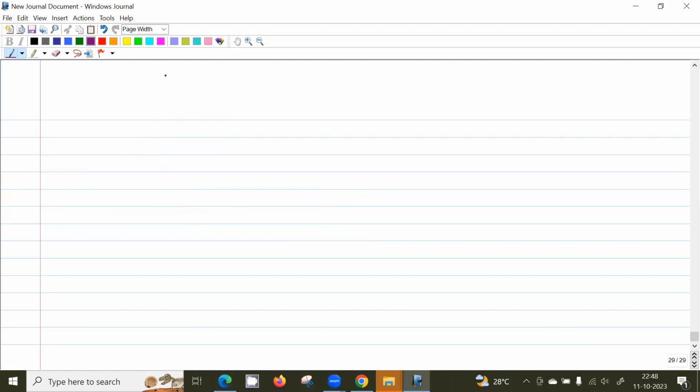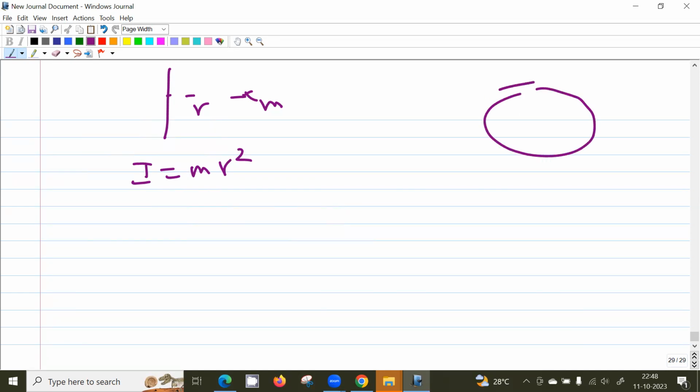Okay, the first thing for moment of inertia is for a point mass m at a distance r from the axis. For a point mass, I is defined as mr square. This you don't have to question. Using this, I can get the moment of inertia of a ring of mass m about the axis as mr square, because any element dm of this mass is at the same distance from the axis.